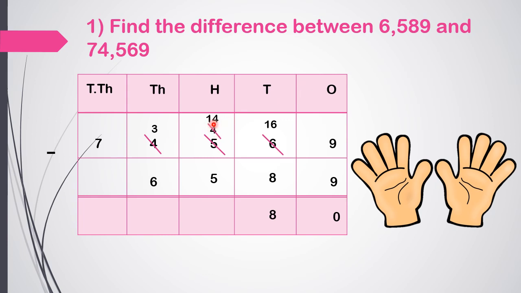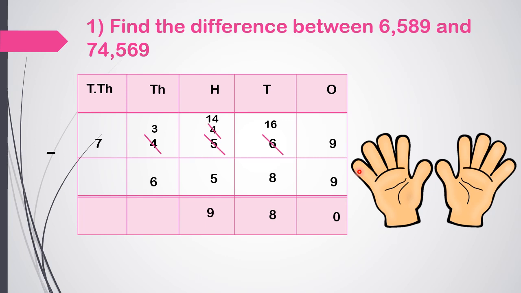So now we are going to find out 14 minus 5. So after 5: 6, 7, 8, 9, 10, 11, 12, 13, 14. Here we used 9 fingers. So the answer is 9.